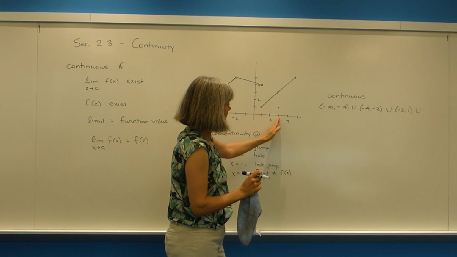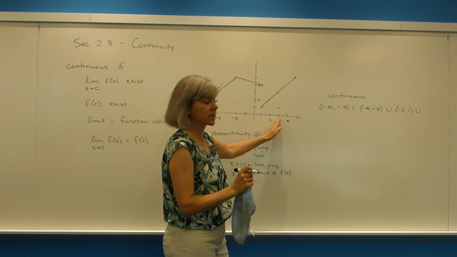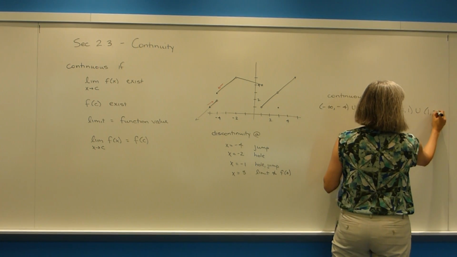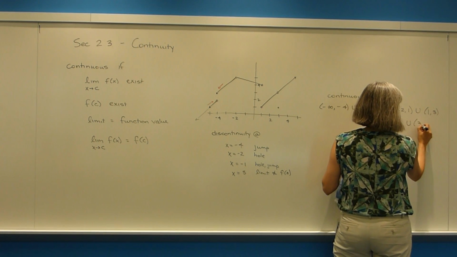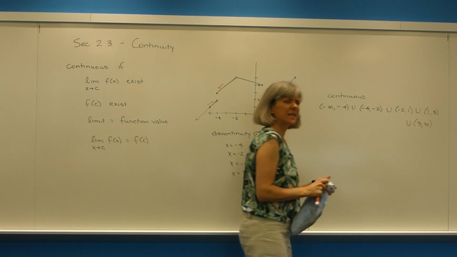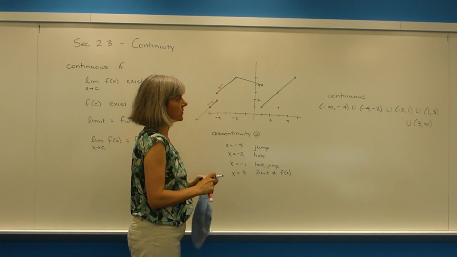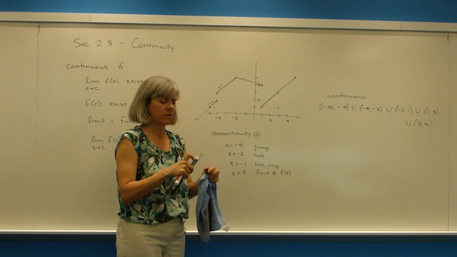And then from 1 to 3, where we have to stop again because it's discontinuous, and then from 3 on. So 1 to 3, and then lastly 3 to infinity. So clearly it's a little bit easier to list the discontinuities in this case than it is to list the actual continuous intervals. But continuity is pretty intuitive.